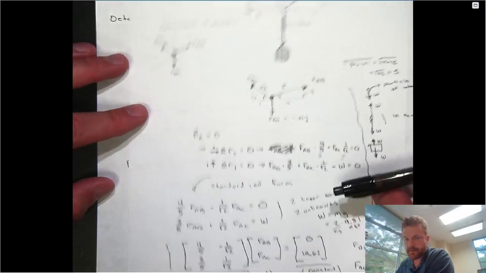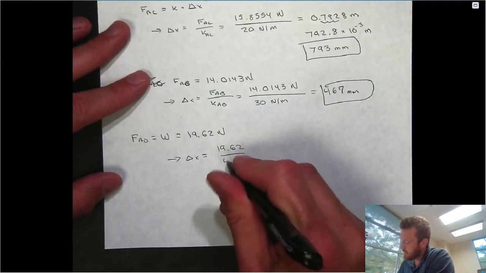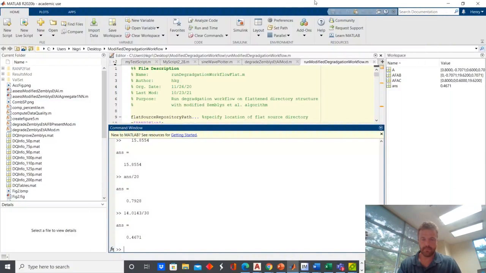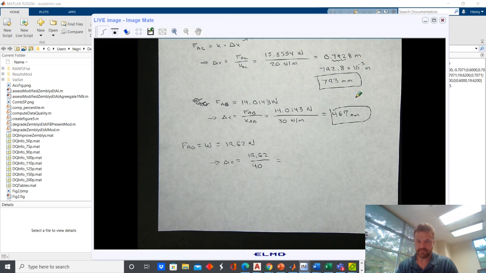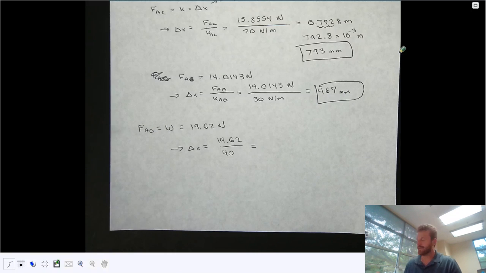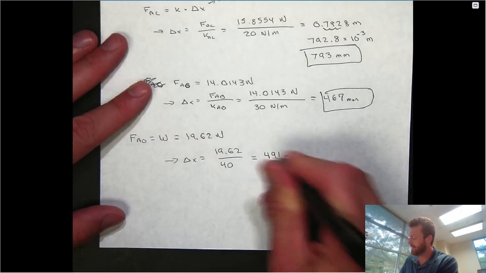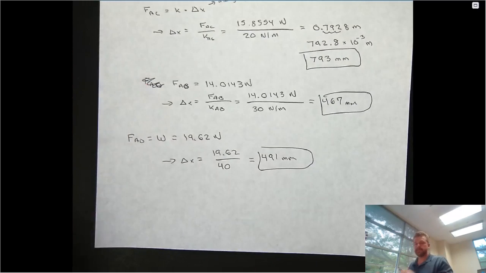So it was a stiffer spring. And that will be 19.62 divided by 40, 491 millimeters. It's been a long day. That's why this is exciting me, the rounding. I'm pumped around. Anyways, those are your 3 displacements.